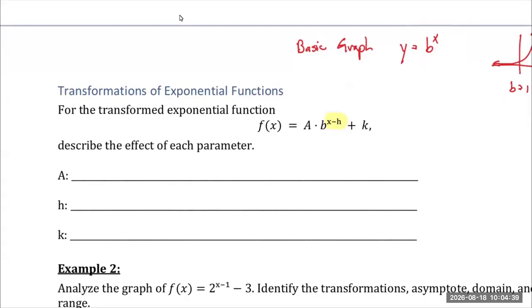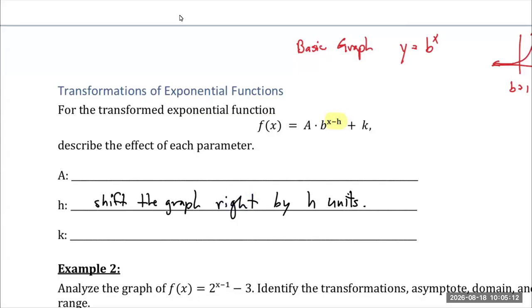So this is going to shift the graph right by h units. I just want you to notice that the minus corresponds to going right when it's a horizontal action.